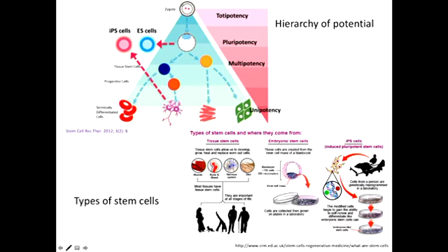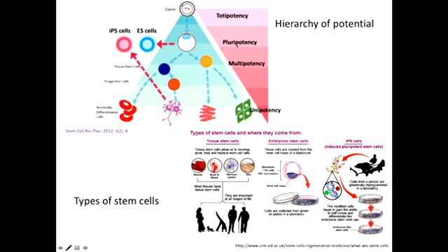There are different types of stem cells, isolated from different sources, that have different properties. They have different advantages and disadvantages. If you think of the hierarchy of potential, we introduced you to totipotency, pluripotency, multipotency. Totipotency, an example being a fertilised egg, means the ability to produce all of the cell types and extra-embryonic tissues.